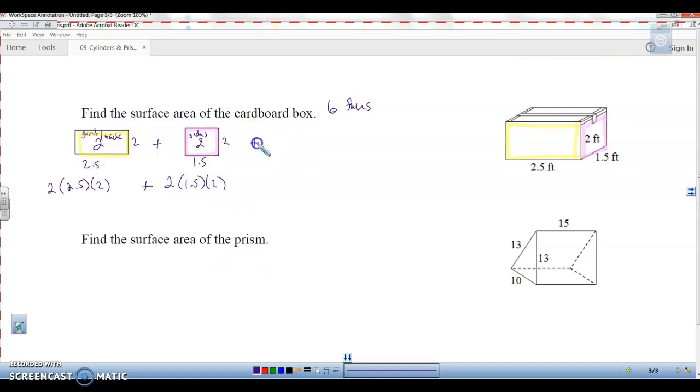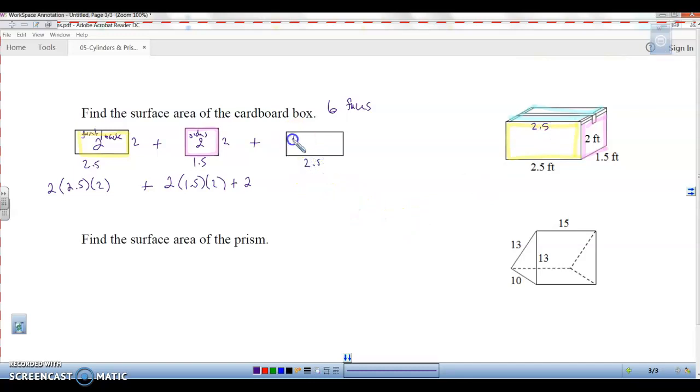All right, and then we have the top and the bottom, and we have 2 of those. Let me outline them here so we can talk about those. The blue ones, this, and the one on the bottom. Let me draw my rectangle. There's the rectangle there. Now, what is the length and width of that? Well, remember, this is a rectangle, so opposite sides are congruent, so that's also 2.5.